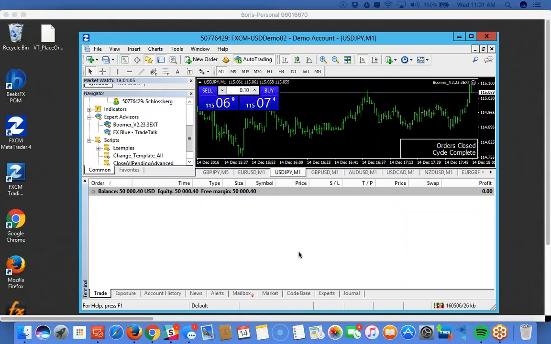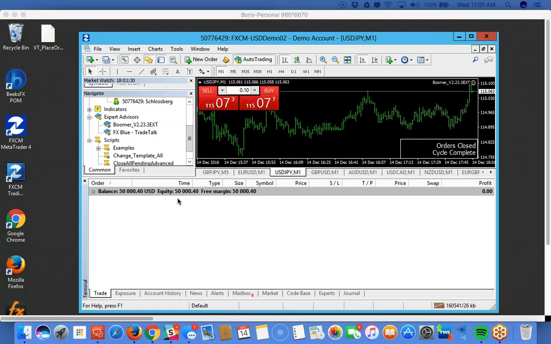I am right now broadcasting to you on a Mac, but what you're seeing here is my virtual private server. I've logged into my Windows environment. This is how almost everybody does it if you want to do this seriously: you either rent one or you get it for free. There are certain brokers that will literally, if you drop $5,000 or $10,000 into the account, give it to you for free.